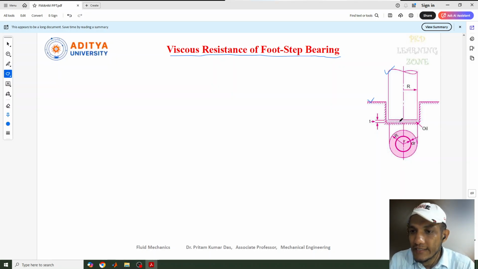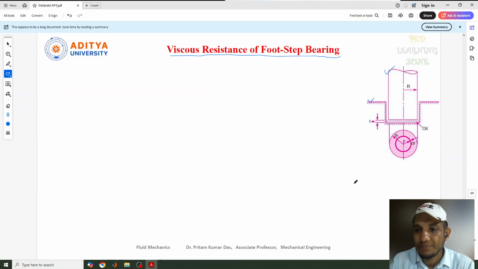Now the viscous resistance which is offered by the oil to the shaft is going to affect the radius of this shaft. But in the previous video, that is the journal bearing, I'm talking about the journal bearing.